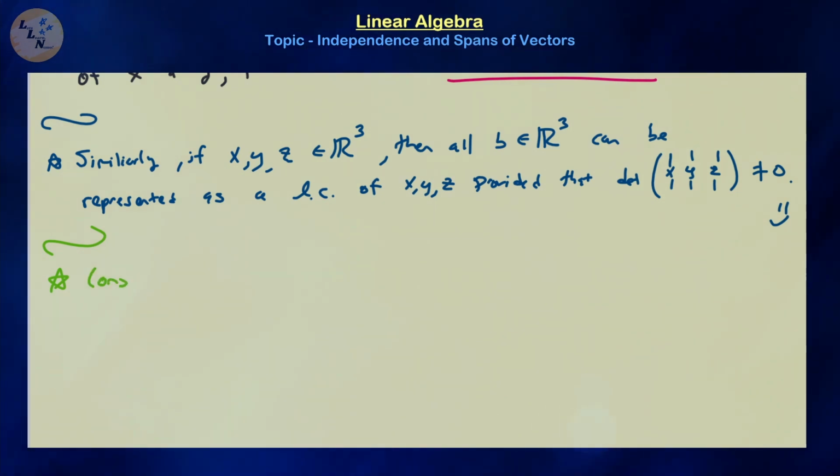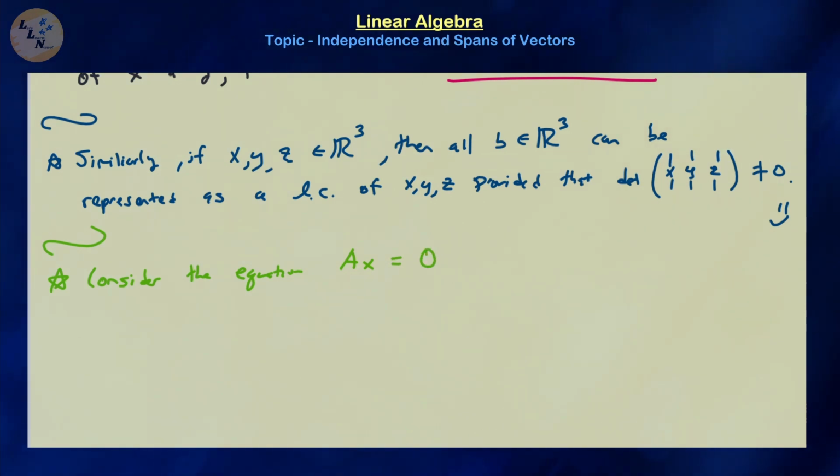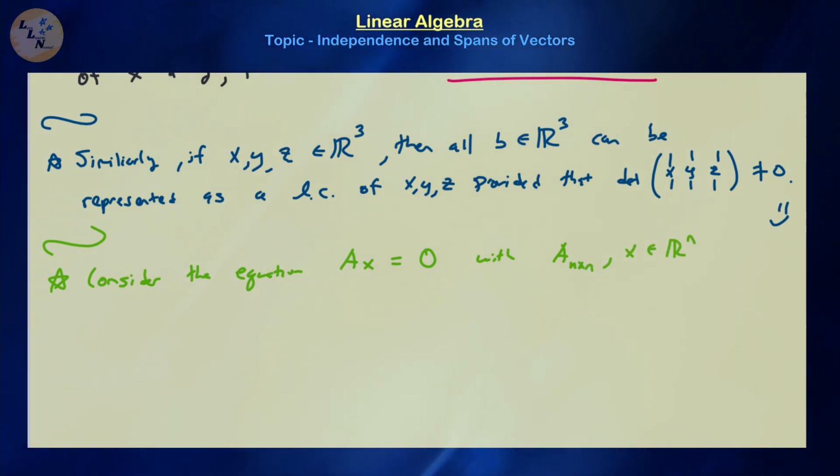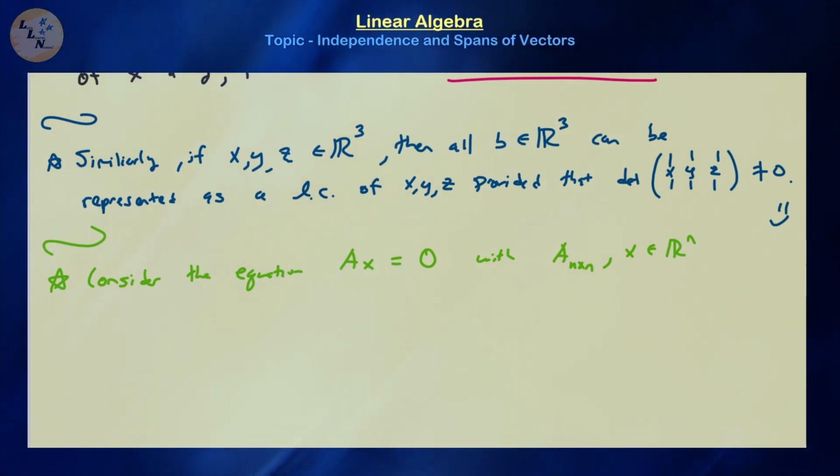So consider the matrix equation given by Ax equals 0, with A an n by n matrix, x belonging to Rn. Let's also assume that all the entries of A are in R as well.